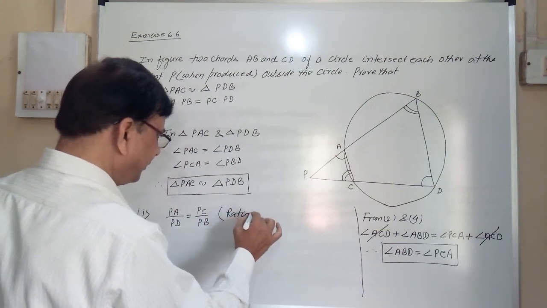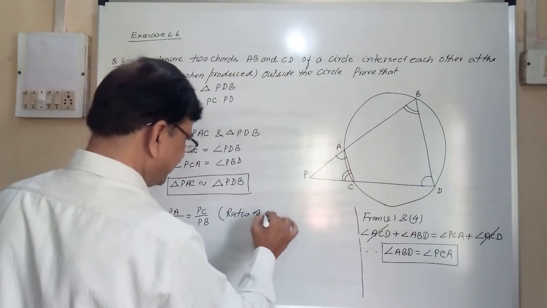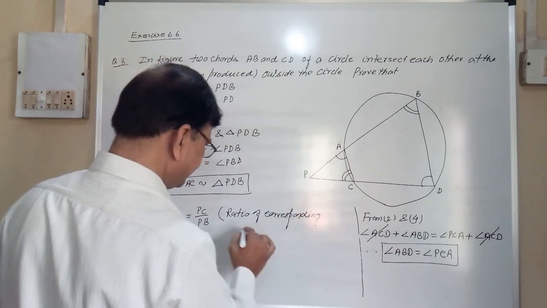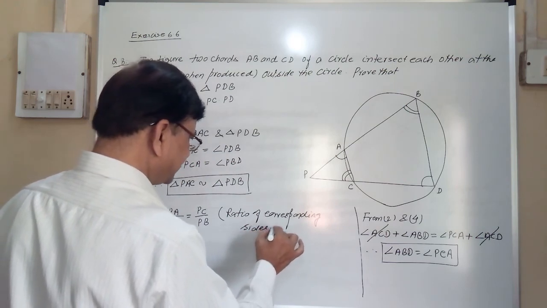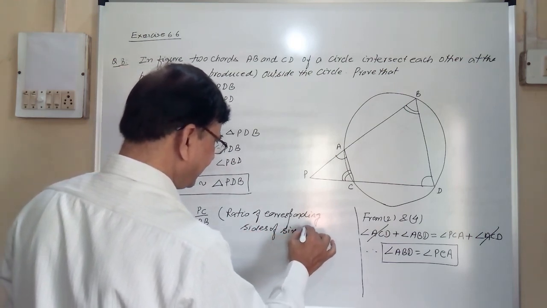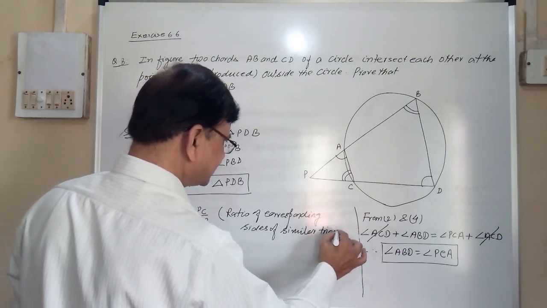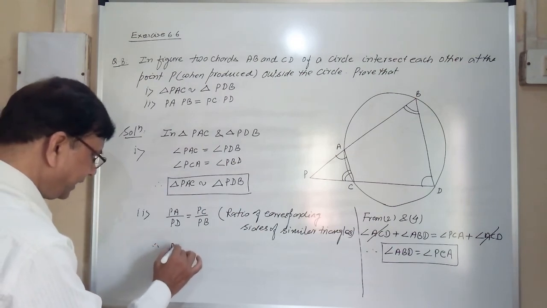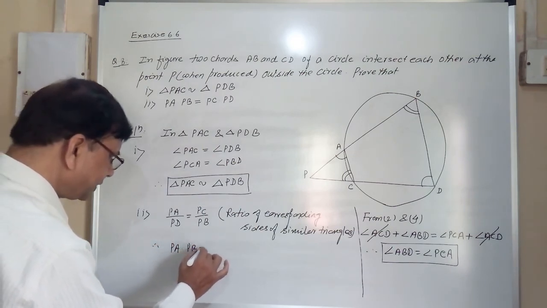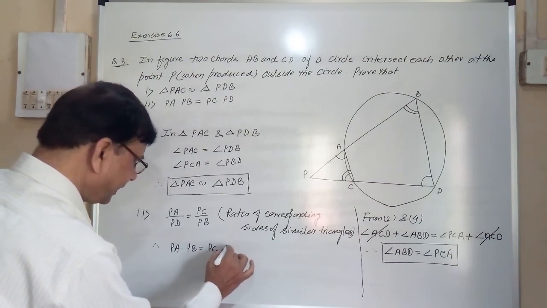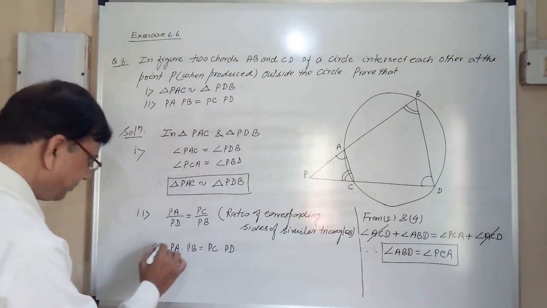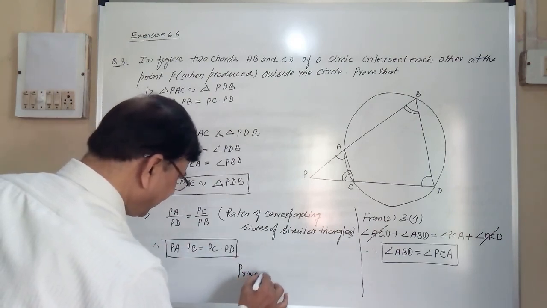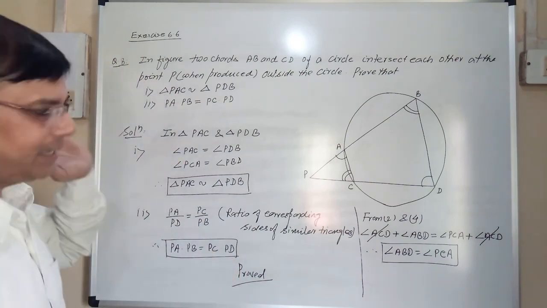Ratio of corresponding sides of similar triangles. Therefore PA into PB is equal to PC into PD. That is required to be proved. So we have proved the second part also. This way we have solved question number 8.